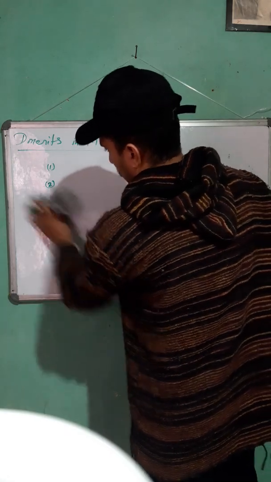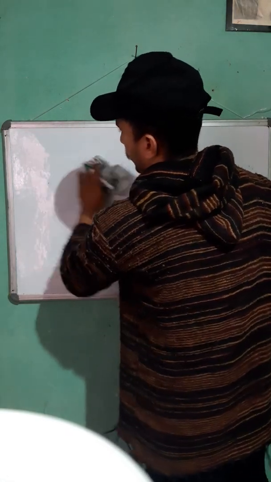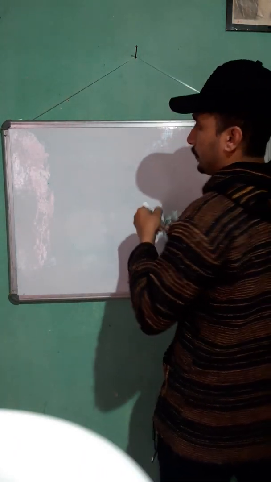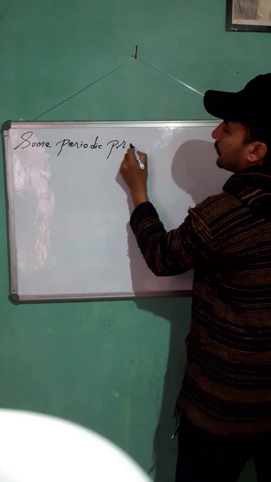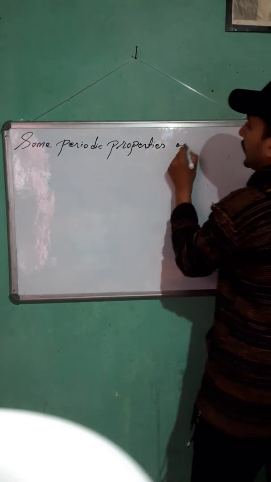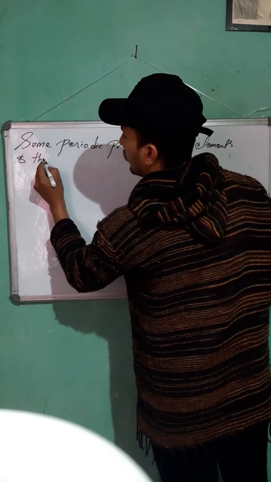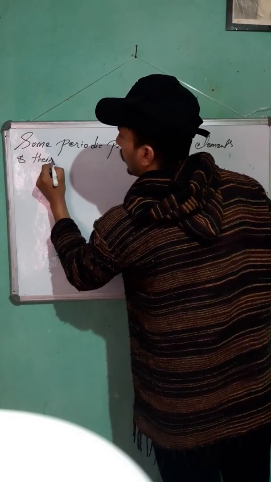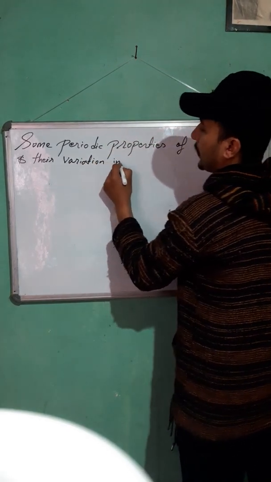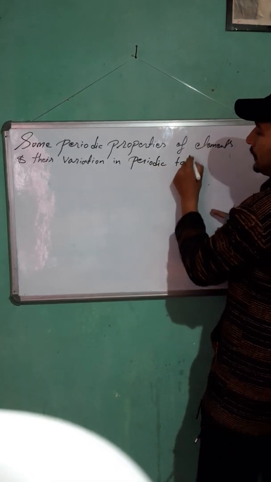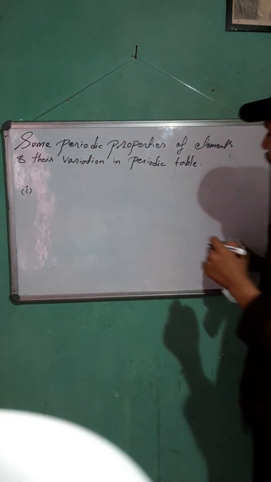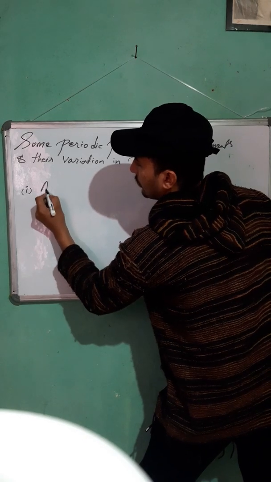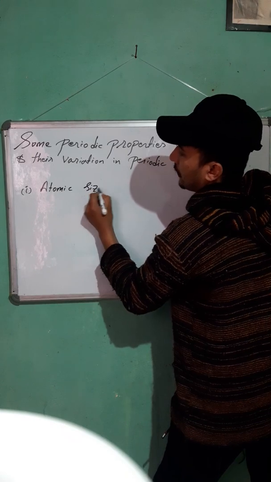Next, let's move on to periodic properties of elements and their variation in the periodic table.